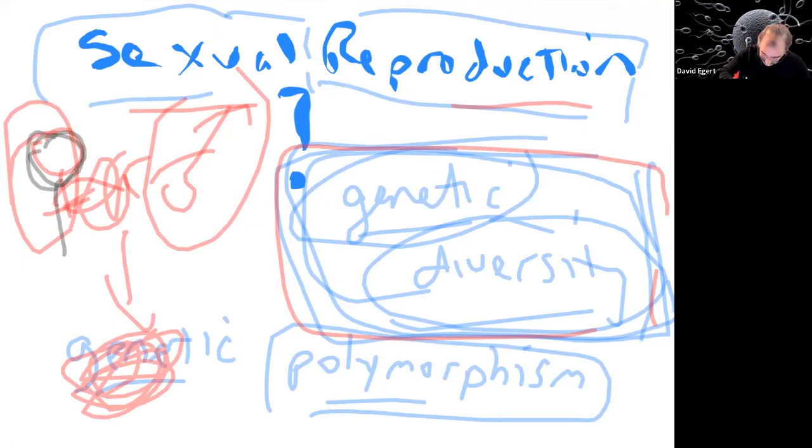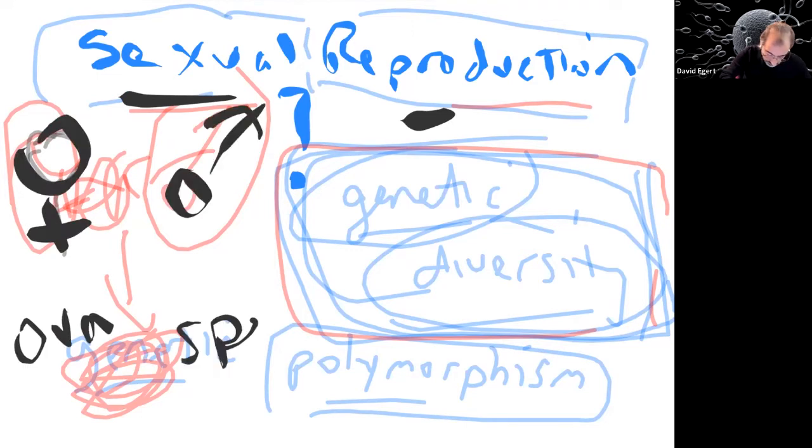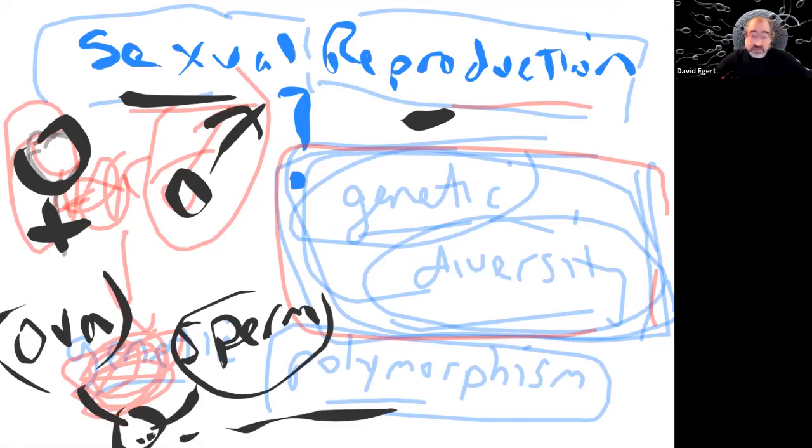It just makes life way easier, and it's going to let us get into the core thing, because females are going to make the ova, and males are going to make the sperm. The male gametes and female gametes are going to get together to make the new little human being. So we're just going to keep it at a simple level like that. With that introduction, we can dive in.